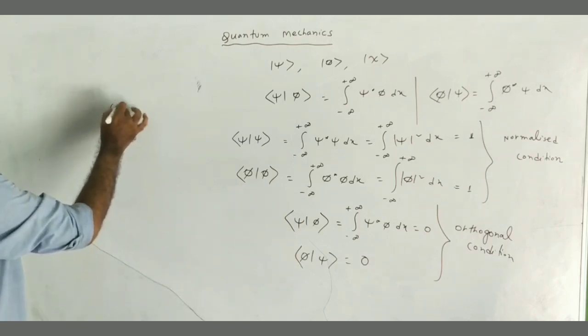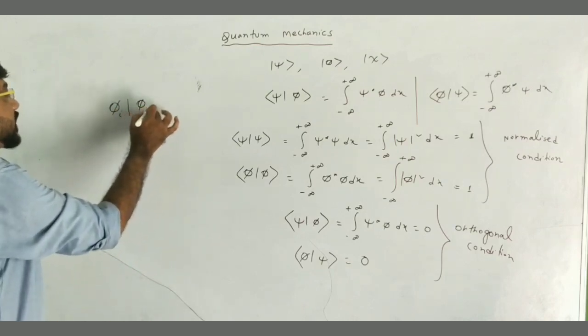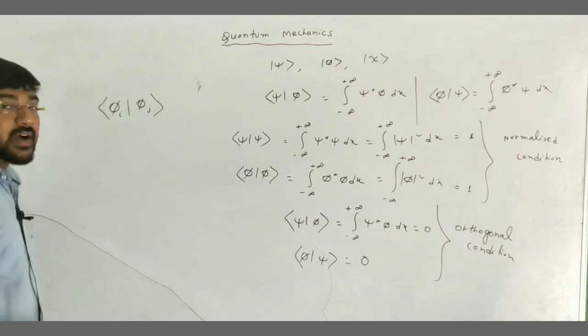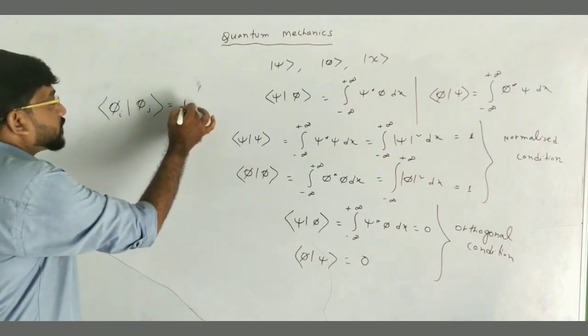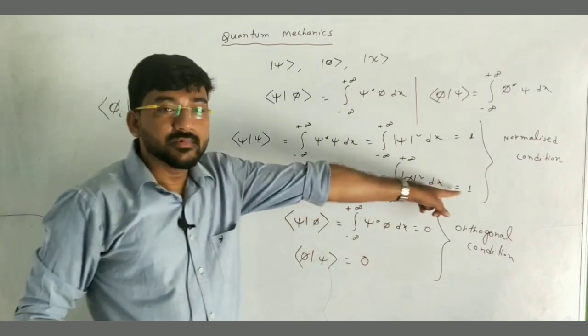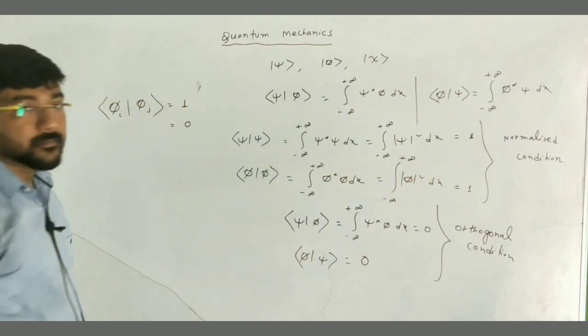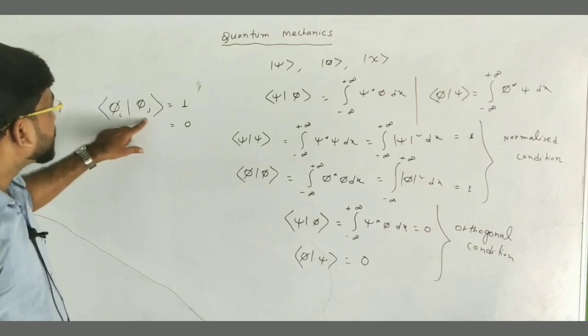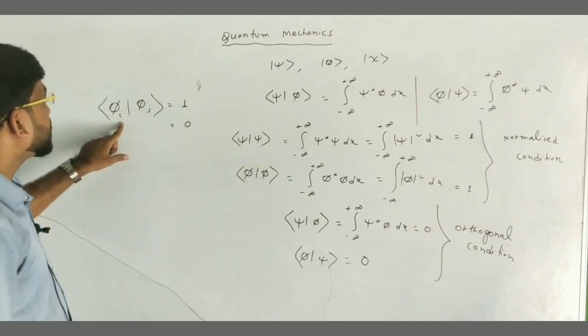Okay. So you can write, suppose two wave functions, one is phi i and another is phi j, and the scalar product of phi i and phi j can give you the result 1, the normalized condition, or it may give you the result 0. When can we get the result 1? When phi with phi or psi with psi, that means when i is equal to j.